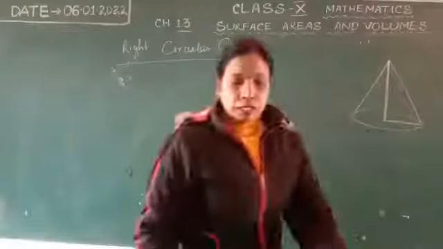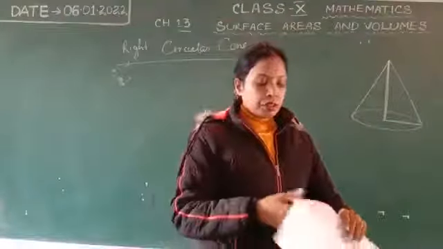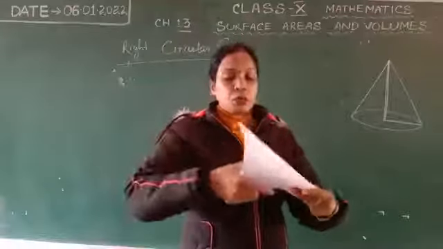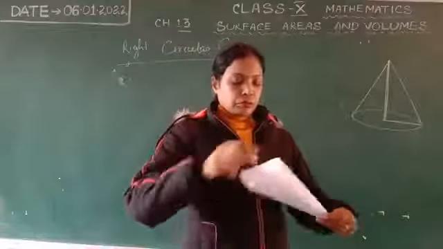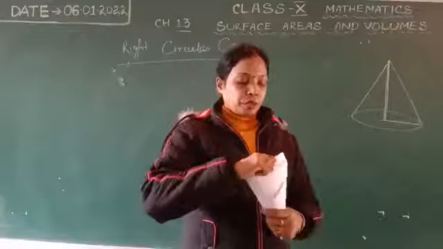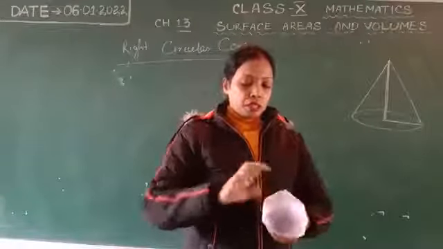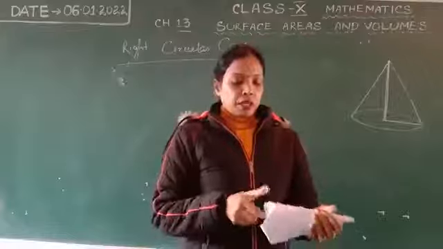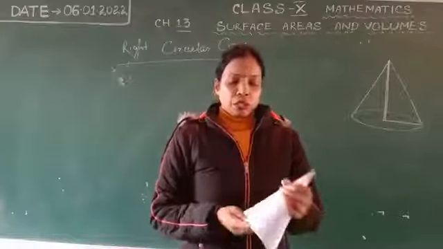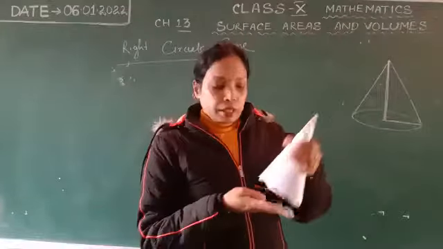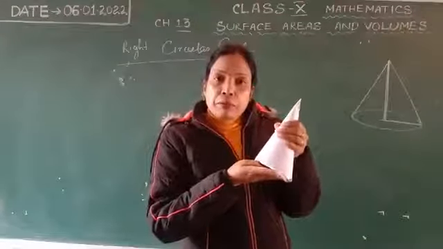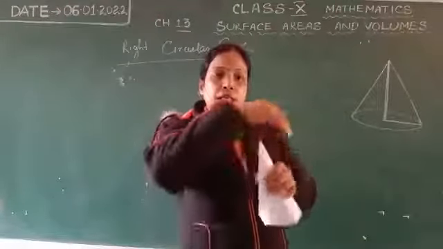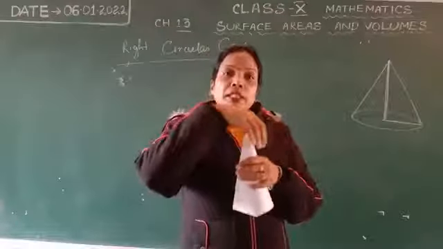Now see this type of shape. This is called a cone shape. Here you see, this is the right circular cone. Here how many faces? This face is the circular face and these are the curved face.